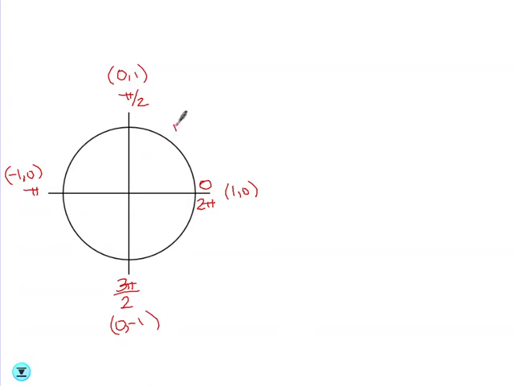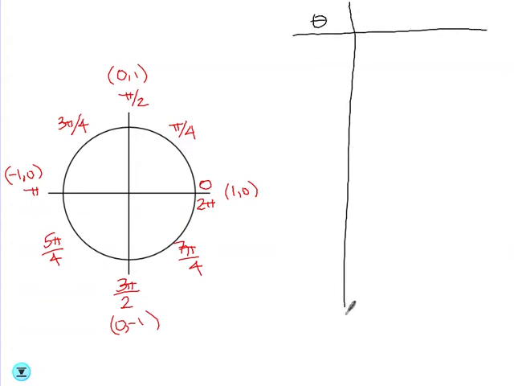Well, we are also going to take a look at pi over 4, 3 pi over 4, 5 pi over 4, and 7 pi over 4. I'm going to make a t-chart where we have theta, tangent of theta, and cotangent of theta.